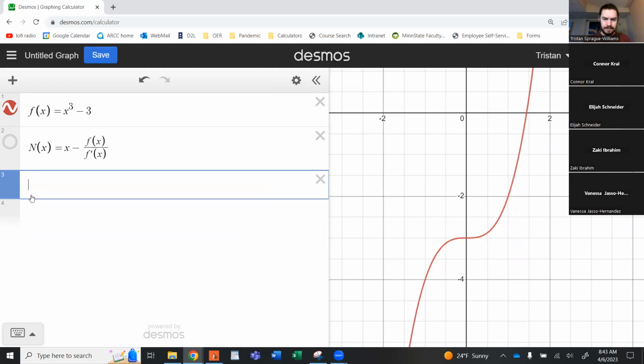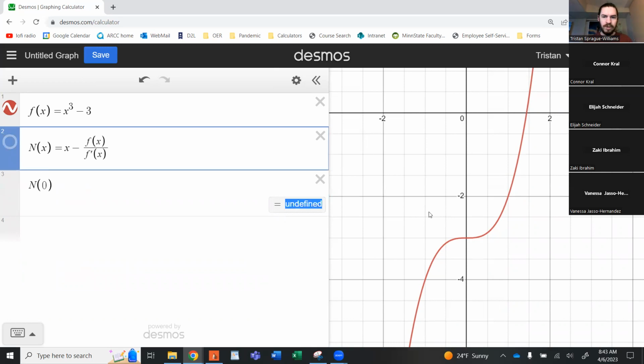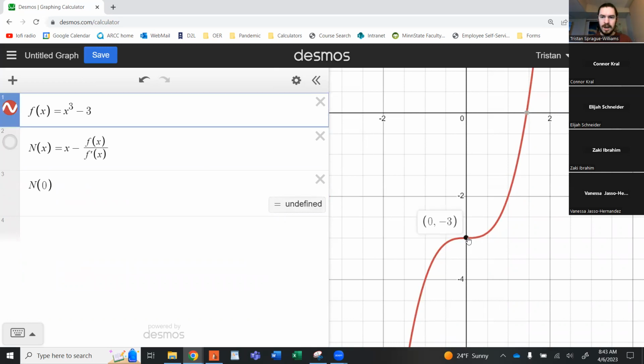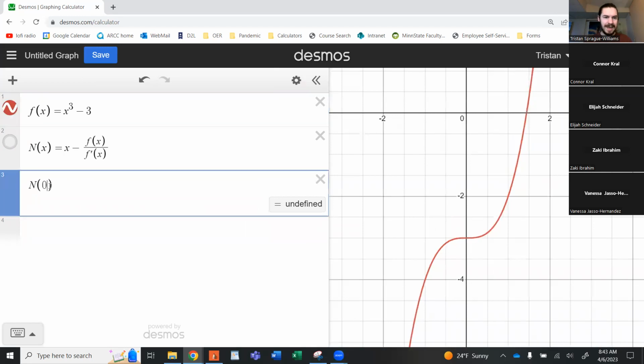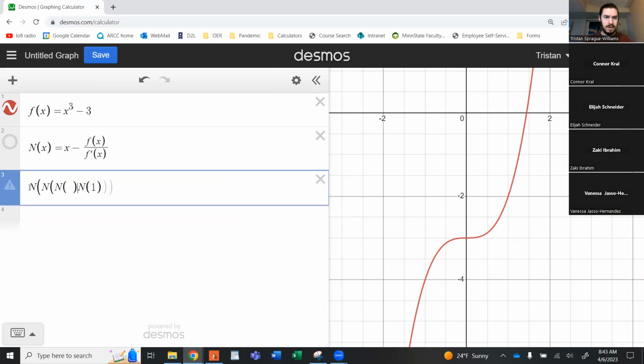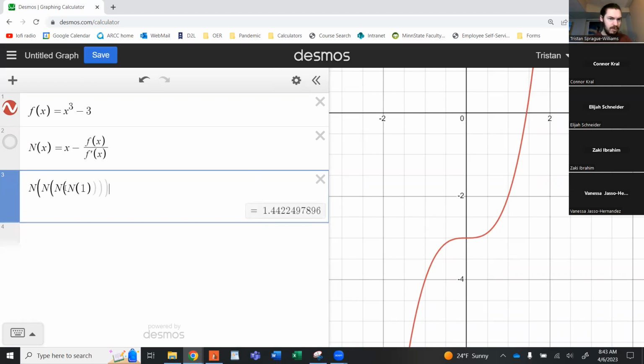Let's go back to the original. This doesn't work because with a horizontal tangent line at that 0 point, it's never going to hit the x-axis. So that guess just doesn't work. But if we try a different guess like 1, then now we have something. And if we improve this by doing a few more iterations, let's iterate that 4 times.